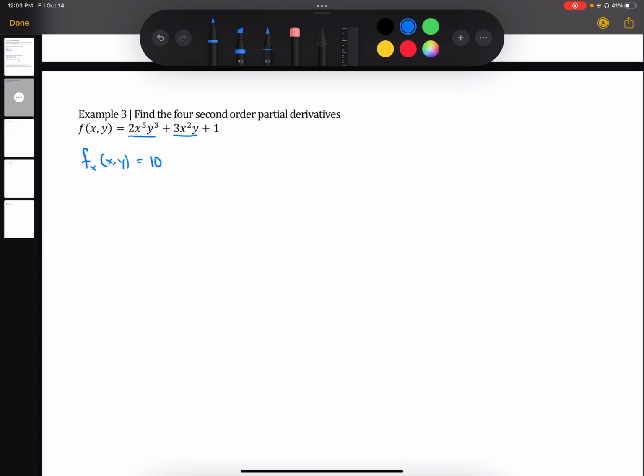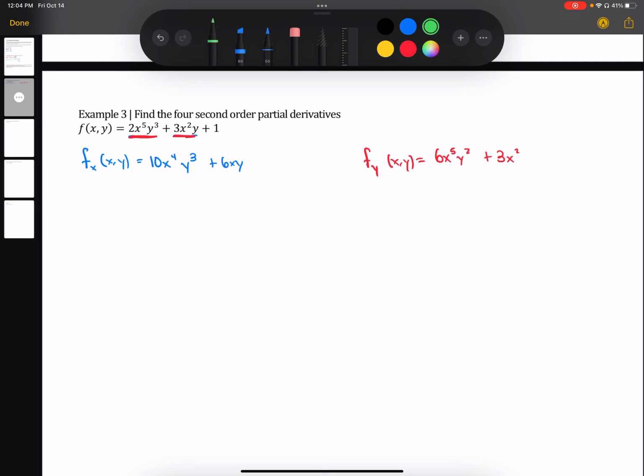So that's going to give us 10x to the fourth y cubed plus 6xy. And we'll write the partial derivative for y beside this. So then for fy of xy, we're going to get 6x to the fifth y squared plus 3x squared.